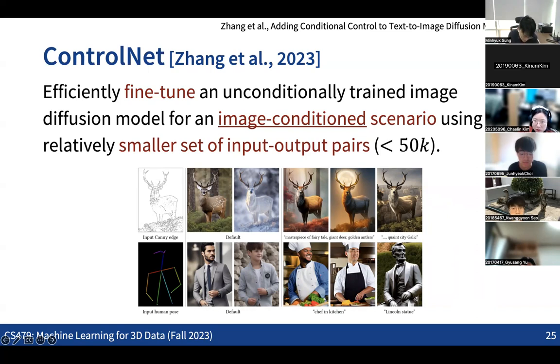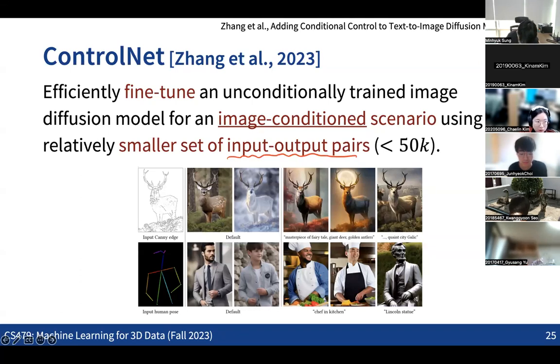But the basic idea of ControlNet is that we want to adapt a pre-trained unconditional diffusion model, especially image diffusion models like stable diffusion, in a way that it can take an image condition. But in this case, the number of input and output pairs that we have is much smaller than the data set that has been used to train the unconditional models.